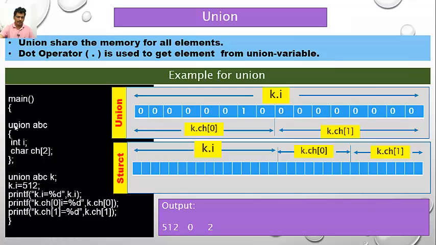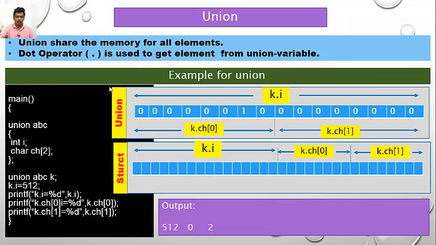So if we declare more elements within a union, we find the biggest size among the elements, and that size is allocated. The remaining variables share the same memory. In this case, f is a float variable whose size is 4, ch size is 2, I is 2, so it allocates 4 bytes.